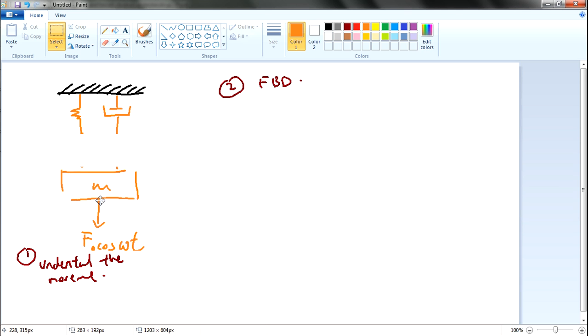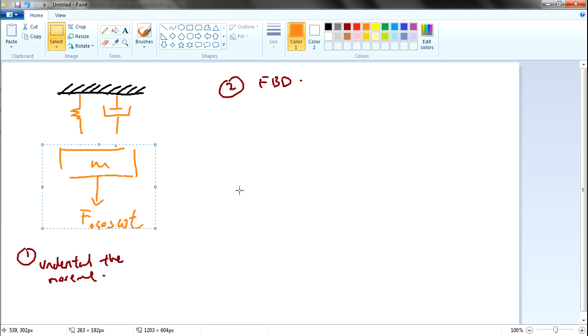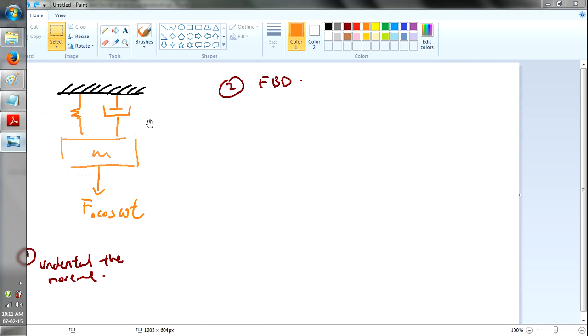And you pull it down again, and so it starts to oscillate. This is our concept of forced vibration. So if you understand this, we have to draw a free body diagram now.